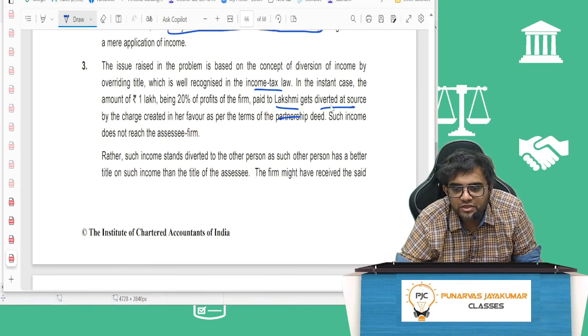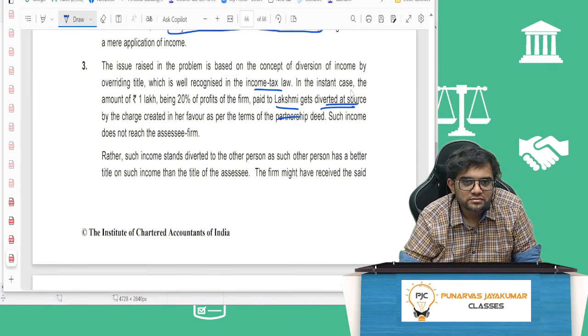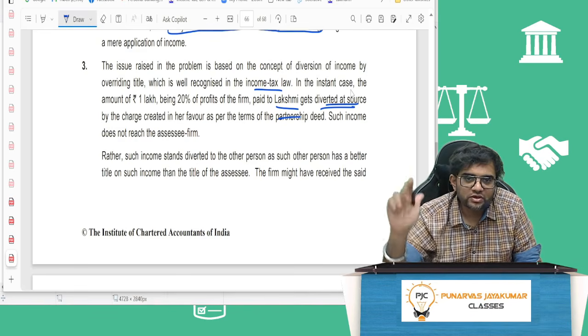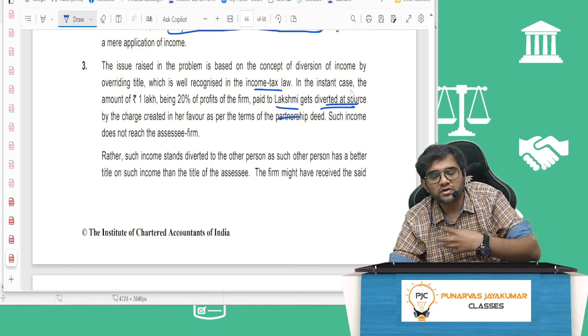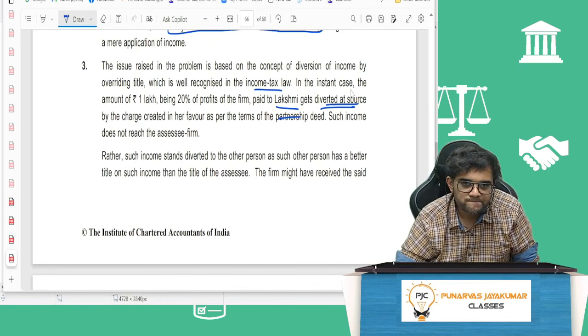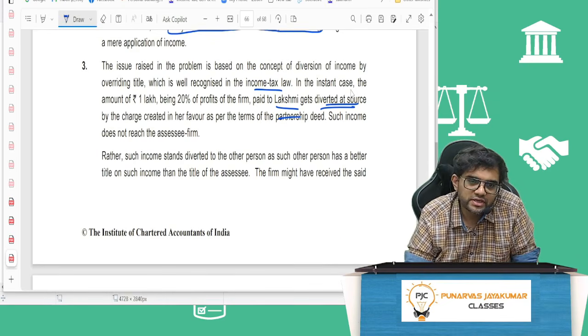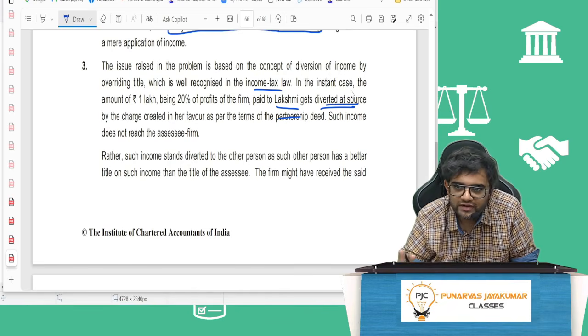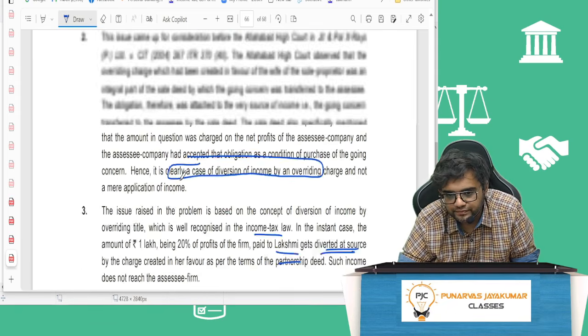You don't have any right over that money. It is called diversion of income, overriding the title. Ownership is lost on that money. It's not that out of your goodness you are giving to the wife or the mother, whatever it is. Here they have told, if you don't give, the partnership will end. So you don't have right over that money.